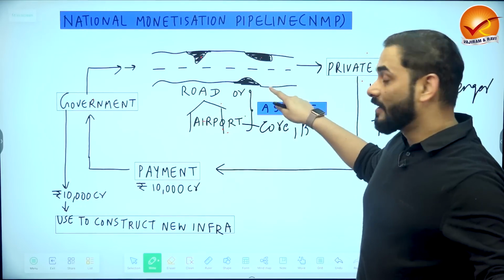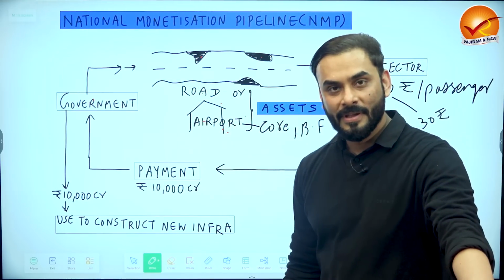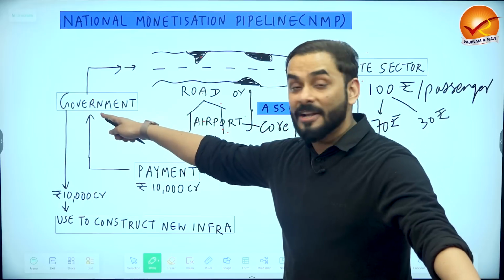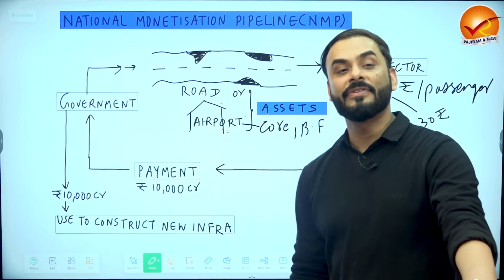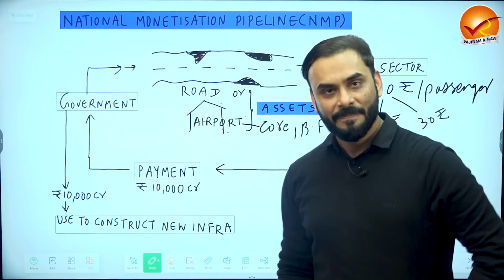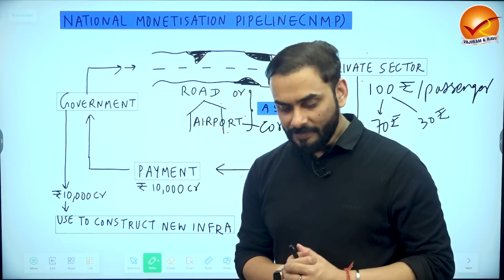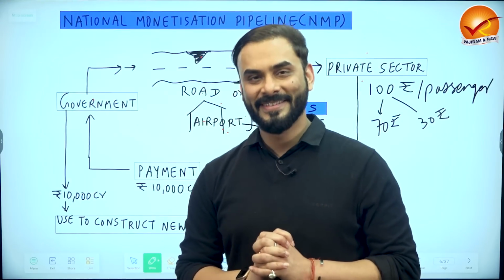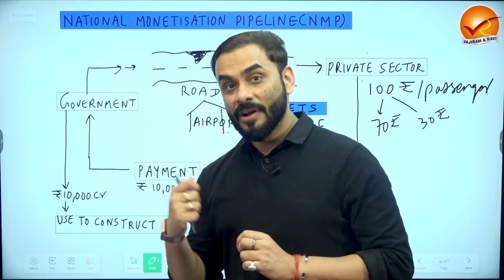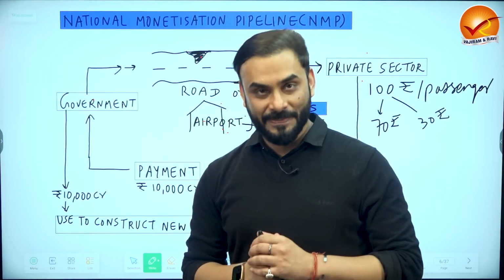Why? Because private sector got this airport. Now once the government gets that money, the government uses that money in the construction of new infrastructure somewhere else in the country. I'll give you an example. Suppose I have a house, right? Old house. I put that house on rent for 30 years.